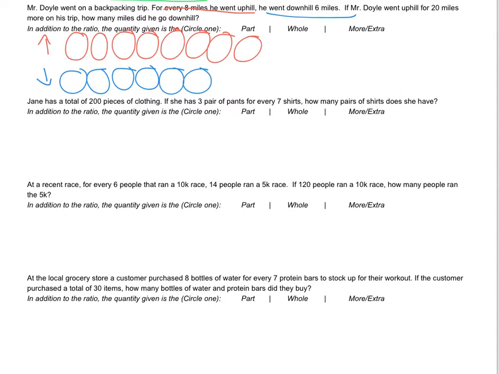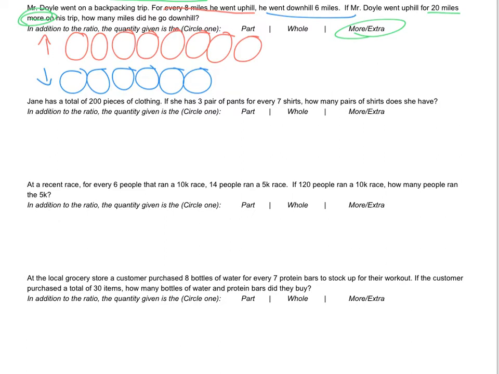And if he went uphill for 20 miles more on his trip, how many miles did he go downhill? So this is a more or extra problem because they're saying we have 20 miles more. If you're looking at this tape diagram, what represents more? Well, we know that the uphill has more. It's a bigger piece.